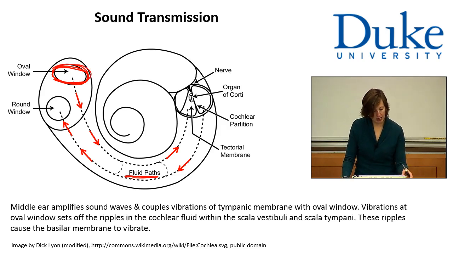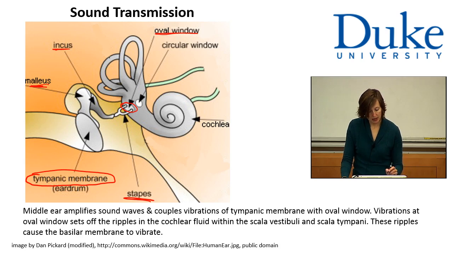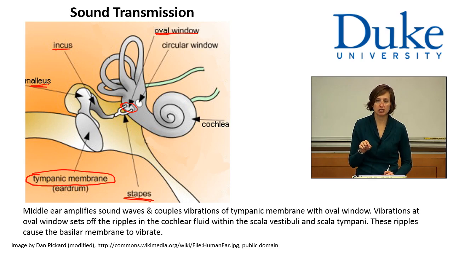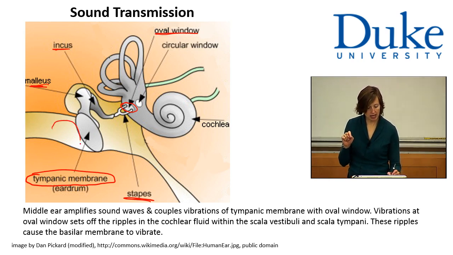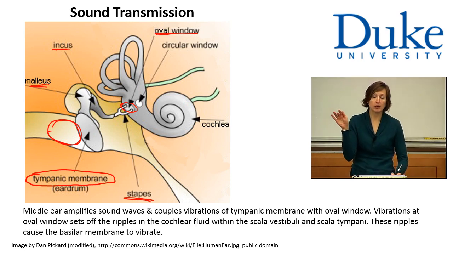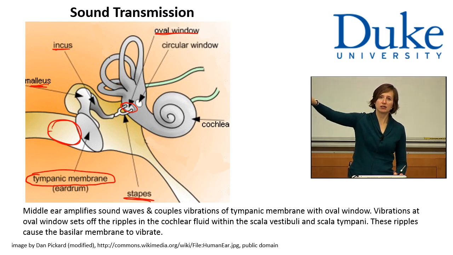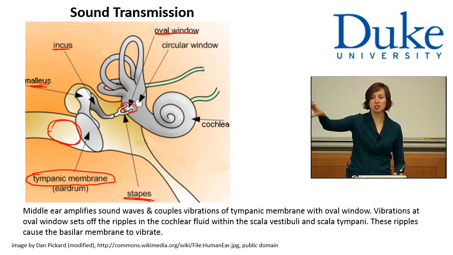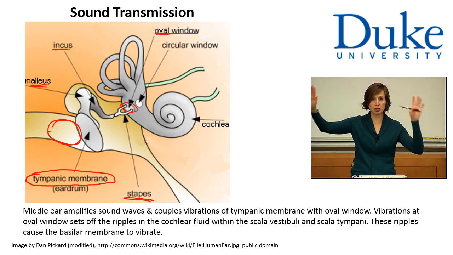And I forgot to mention, but these bones are so important for amplifying the vibrations. That's their crucial role, because out here in the outer ear we have vibrations of air, but then we need to cause vibrations in fluid, which is much less efficient and requires much more energy to cause the same amount of vibration of a fluid compared to the vibration of the air.